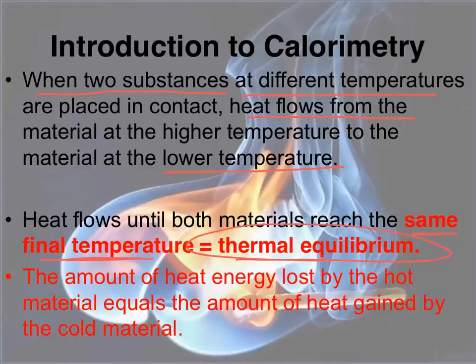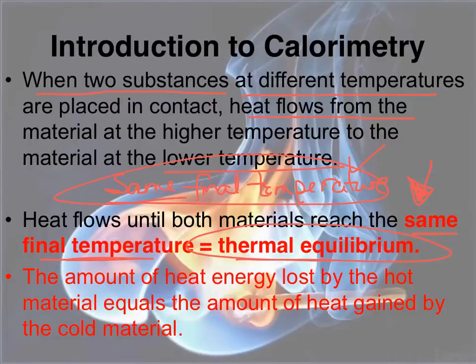So I want you to remember when we're doing a calorimetry experiment, if you have two substances at different temperatures, that they are both going to have the same final temperature, because they will transfer heat from one to the other until they both have the same final temperature. That's important in your calculations.